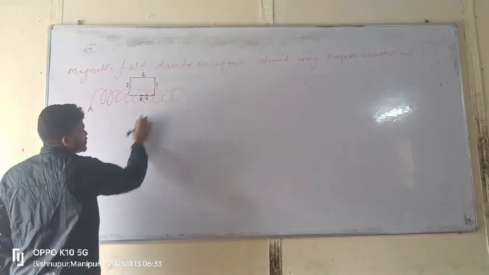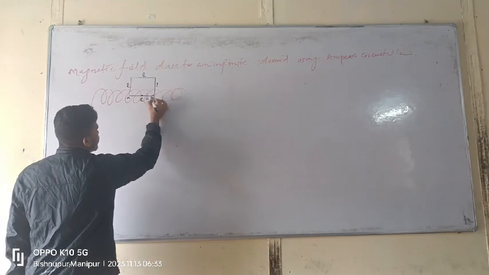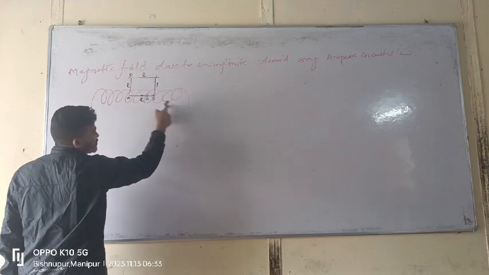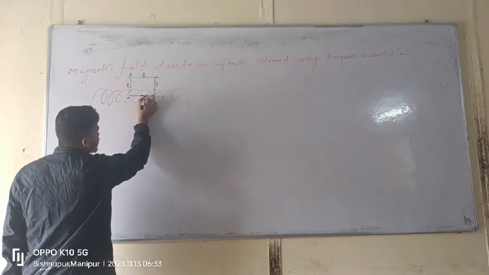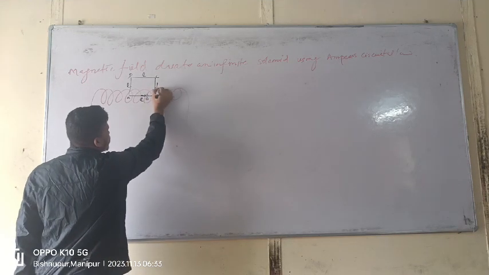I am taking A, B, C, D. AB is in this direction, so both are in the same direction. What is the angle between them? 0.